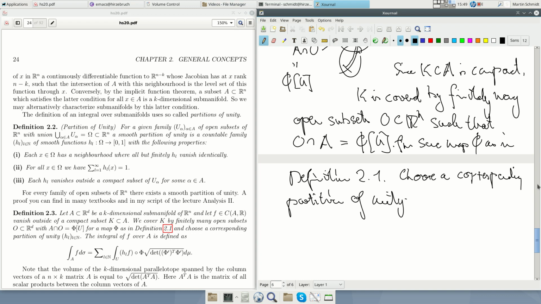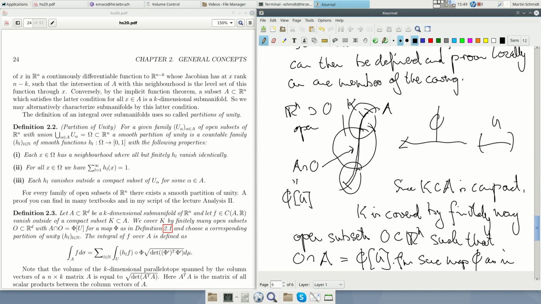To be more precise, we have these open subsets O. The union of these open subsets O is some set omega, and then we choose a partition of unity h_l.